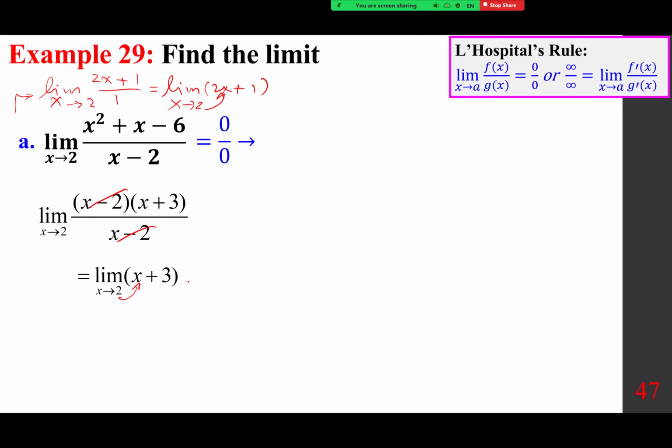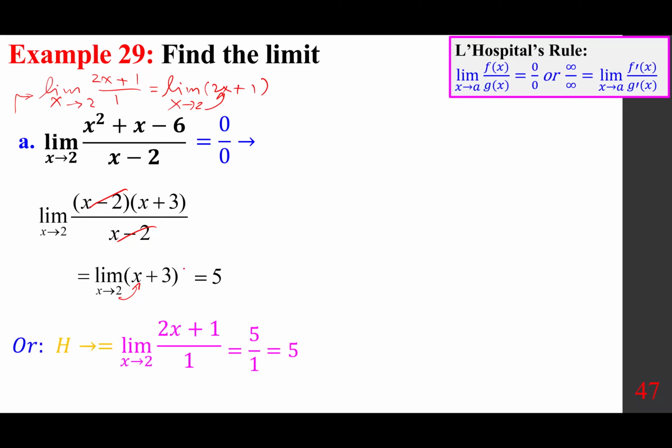If I plug in 2, I get what? 5 in both cases, okay? So whether I go with the L'Hopital's rule or the old method that was factoring, it will give me the same answer. Okay, both methods, L'Hopital's rule, old method.